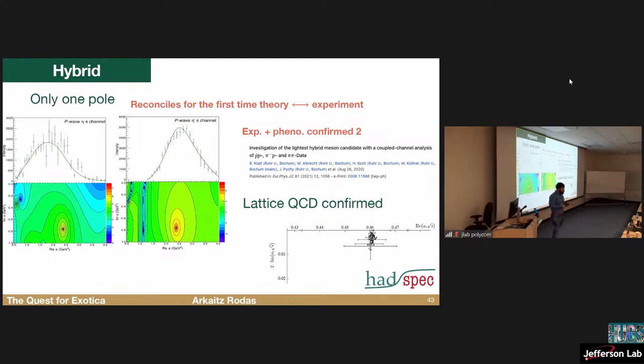And this not only reconciles all the theoretical predictions, lattice QCD predictions with data, but it's also a way of saying, look, we must start doing something more elaborate for spectroscopy, or otherwise we will be fighting over these peaks producing weird things for years. This controversy actually lasted around 20 years, so it wasn't something for a few months.